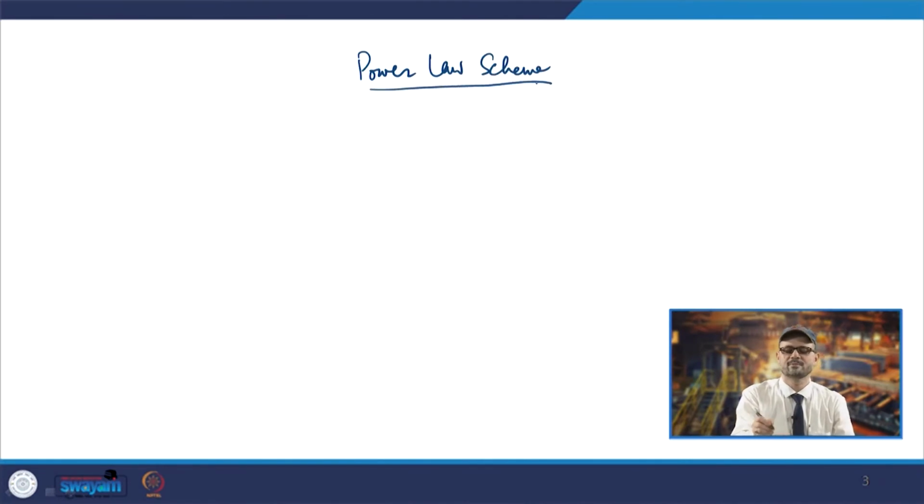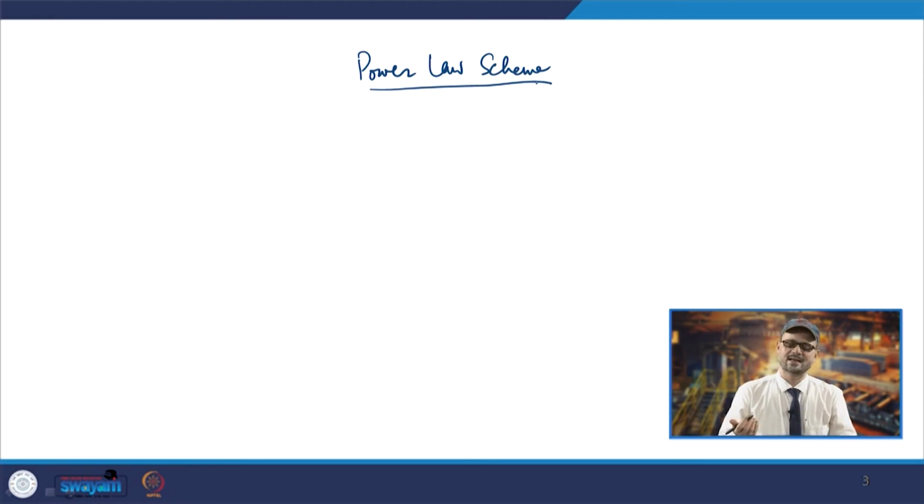The power law scheme was suggested by Patankar. There is also a very renowned book by the author S.V. Patankar. So, he is the one who invented this scheme.